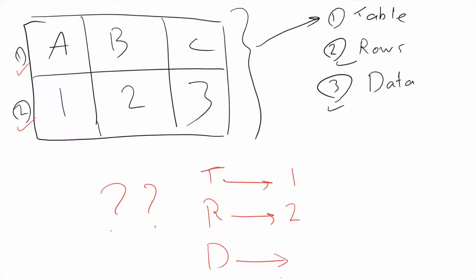How many data cells do we have? 1, 2, 3 in each row, and the total is 6. So here 3 per row. Am I correct? So we're going to implement this by the code.